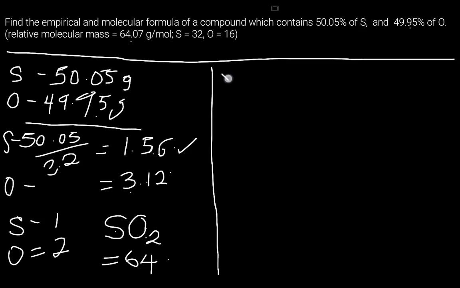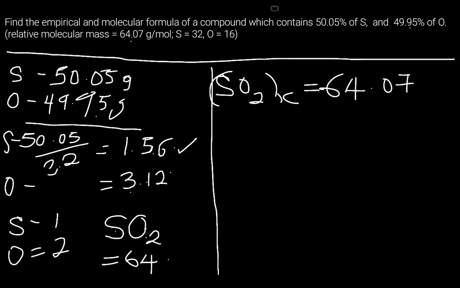Like we solved before, SO2 times X equals 64.07. We've computed the empirical weight as 64, so 64X equals 64.07.